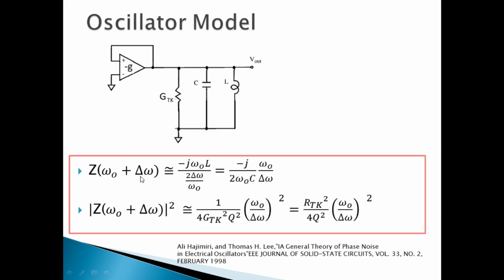So at a certain distance delta omega from the carrier frequency, we can calculate the tank impedance, and then you can find various expressions, since you can express them in terms of capacitance, or you can express them in terms of inductance.